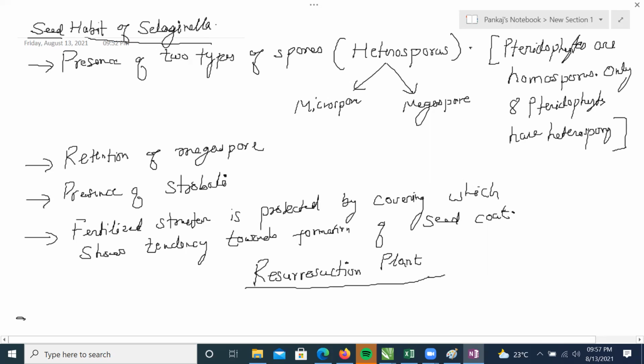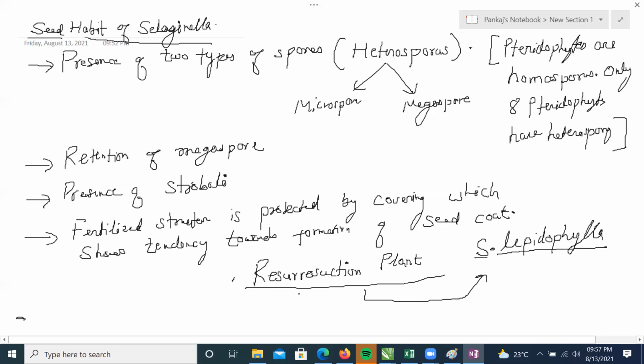So these are called resurrection plants, which become green in water. One of the important resurrection plants is Selaginella lepidophylla. That is widely used in aquariums, right?